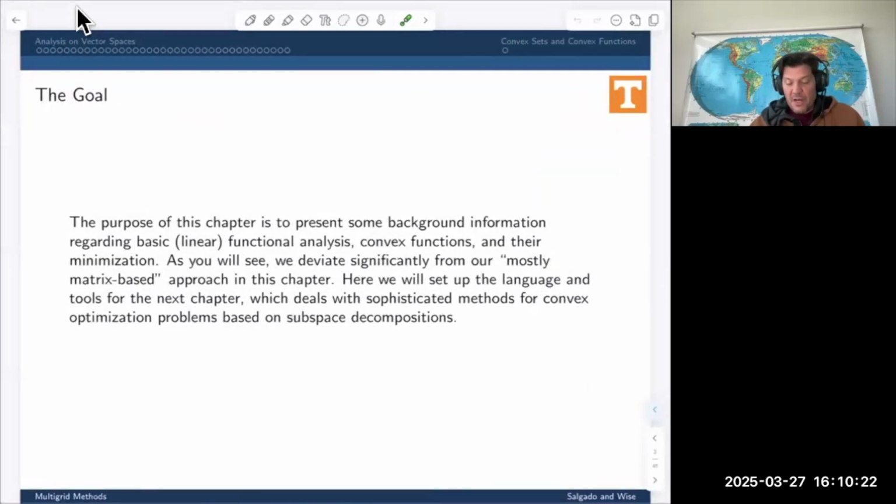The purpose of this chapter is to present some background information regarding basic linear functional analysis, stuff that you may have seen in a course on applied linear analysis. Some of you are taking functional analysis now, and so you know a lot more about this than even I do. We're going to talk about convex functions and their minimization.